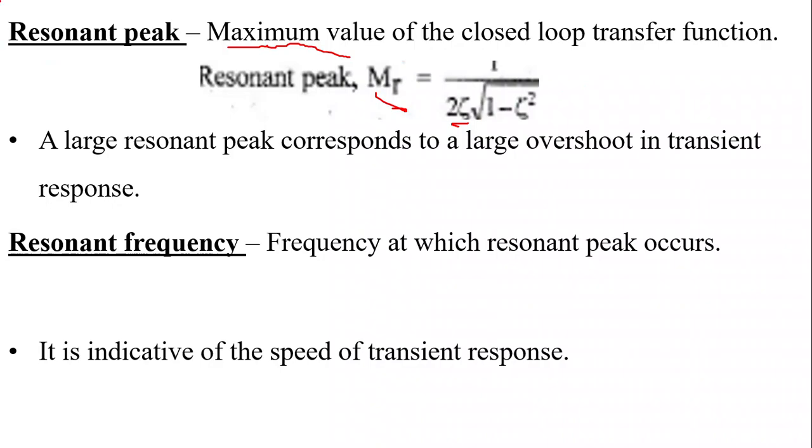One more point about the resonant peak is that a larger resonant peak corresponds to a larger overshoot in the transient response.